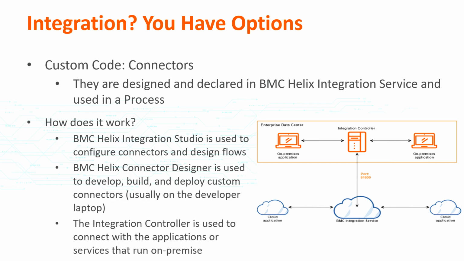So here we give you a solution where we tell you, okay, here is a virtual machine. You just need a CentOS machine. We are going to give you a script to install the integration controller.